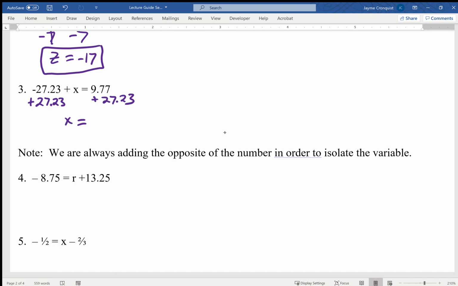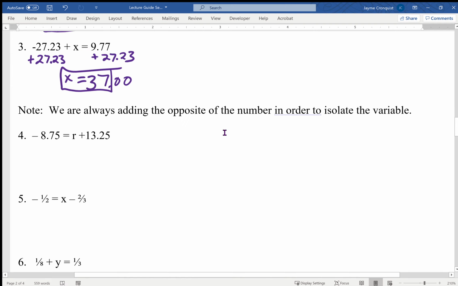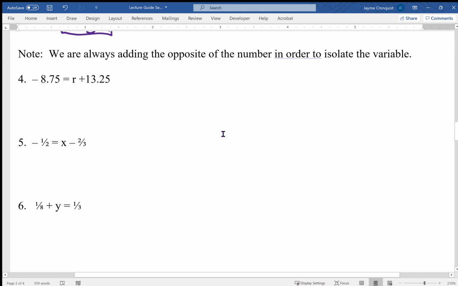Put down the 0, carry the 1. 7 and the 1 is 8, plus 2 is 10. So I actually have gotten rid of all my decimals. 9 and 1 is 10, and 7 is 17. Put down the 7, carry the 1. 2 and 1 is 3. There we go. So the answer is 37. You could put it in your calculator. That's fine too.